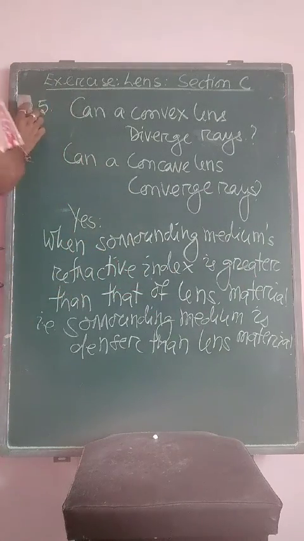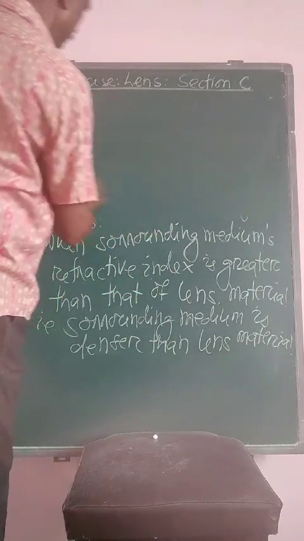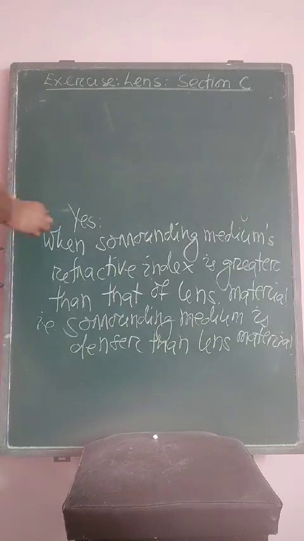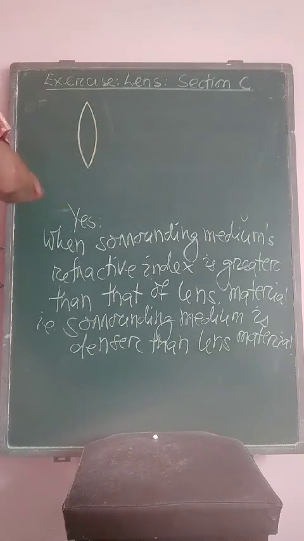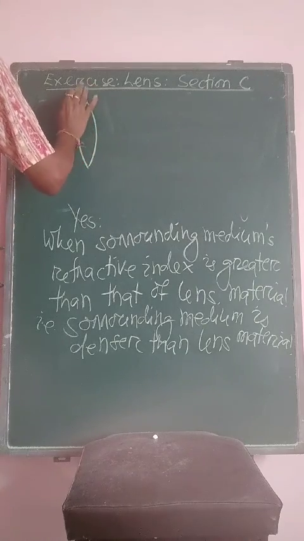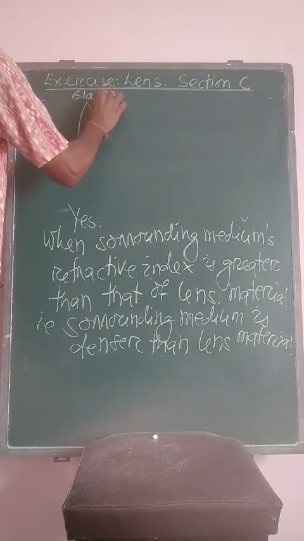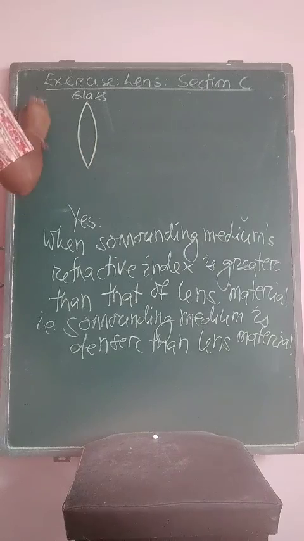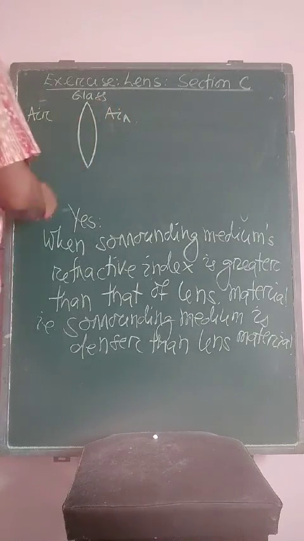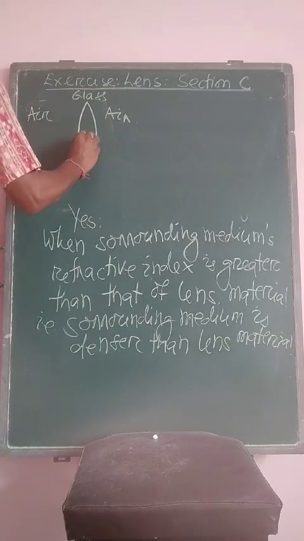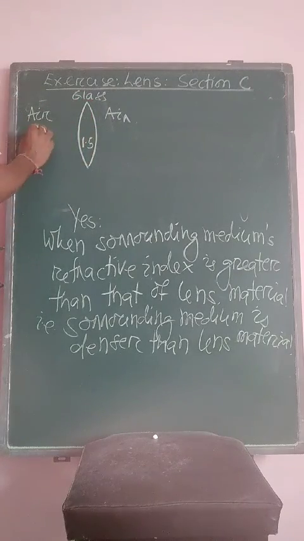For example, we have our glass lens. This is a glass lens. And here we have air. Refractive index of glass is 1.5, whereas refractive index of air is 1.